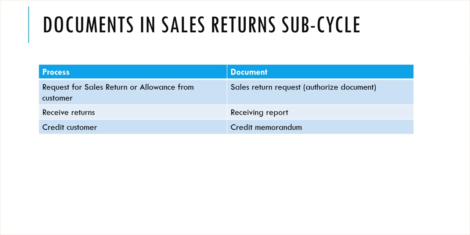So the receiving report is going to be a report that our employees at Warren, I think it's going to be Nancy, complete. She looks at the items that are sent in, sees that these items relate back to the request that was approved or authorized, the sales return request, and notes that they are the same items.